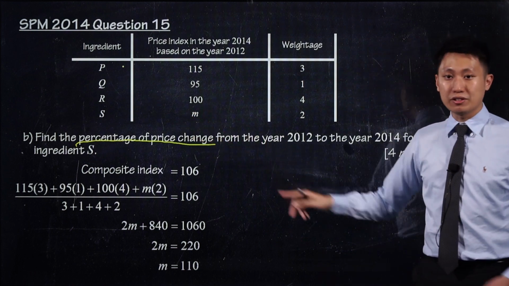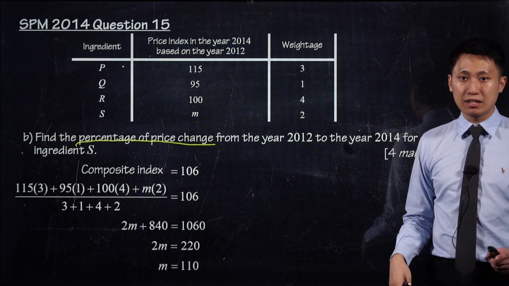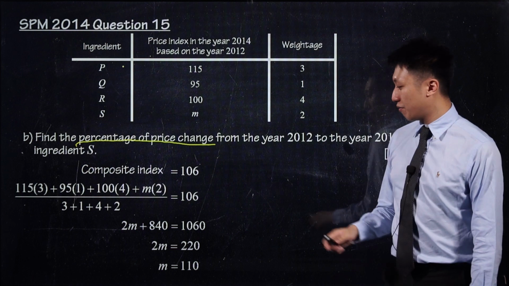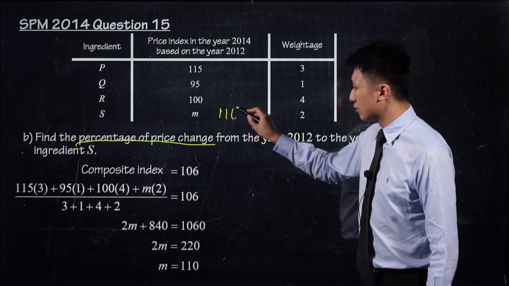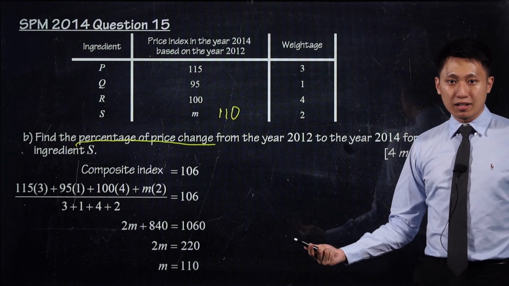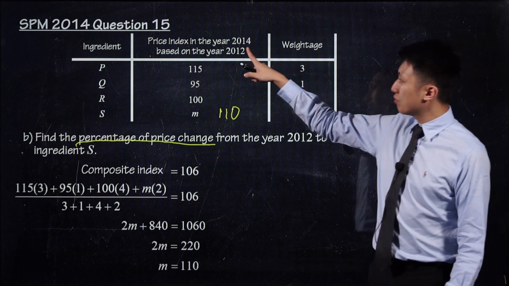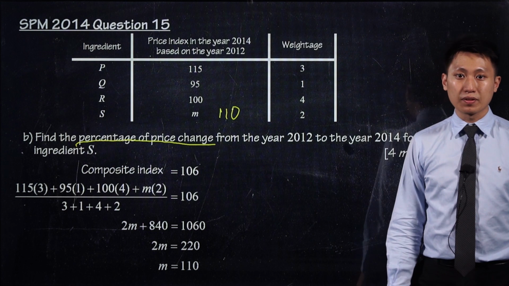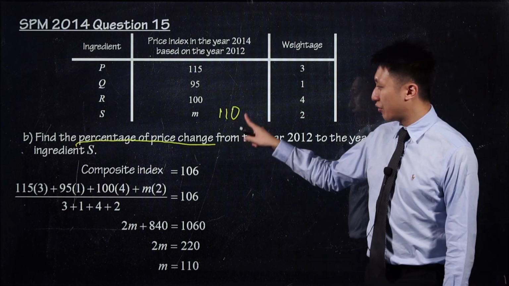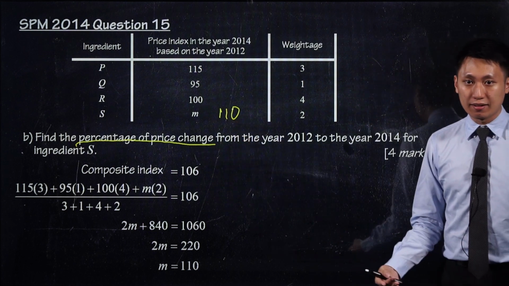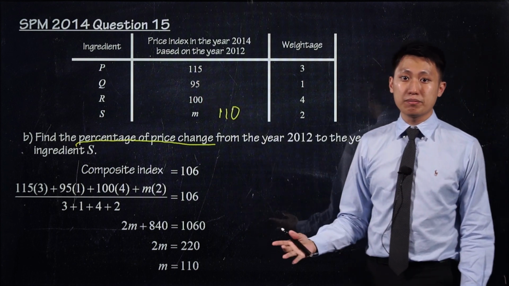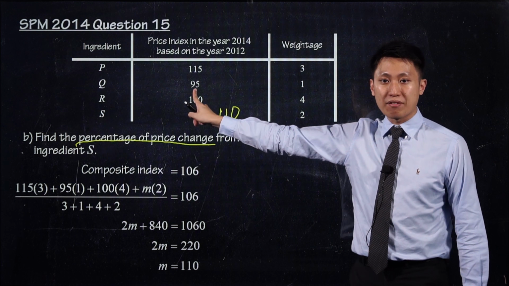But the question is not asking you for M. It's asking you for the percentage of price change. If you get this one as 110, what can you say? For the price in 2014 based on the year 2012, it has increased by 10%, right? Just now it increased by 15%, this one decreased by 5%.